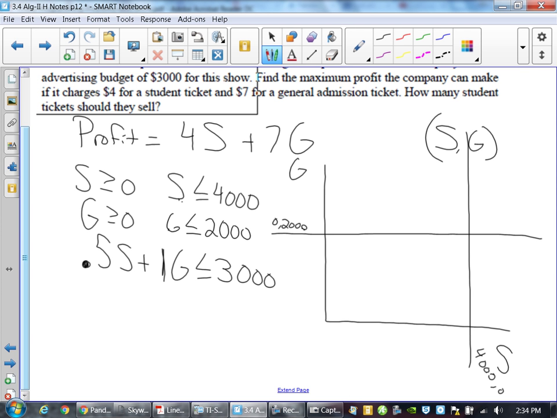And then I have to worry about my other 2 intercepts. I have a general admission intercept at 3,000. And then what's 3,000 divided by 0.5? 6,000.